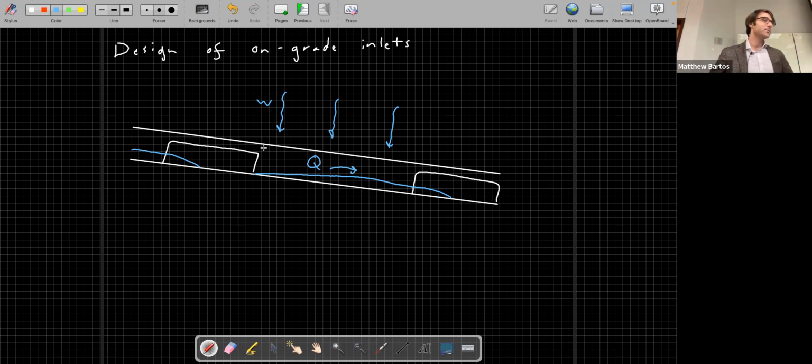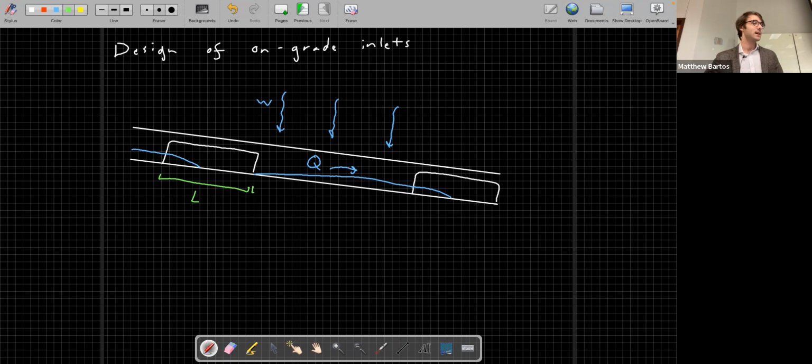So in the curb inlet problem, we're interested in designing two primary parts of the curb inlet system. The first is we want to design the length of the curb inlets themselves, which we'll call L. So we want to design the length such that we can intercept some required amount of discharge.